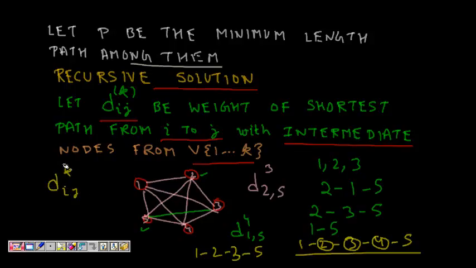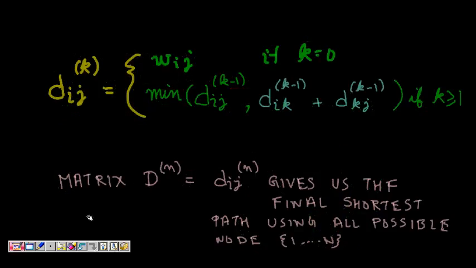Okay. So now we will try to formulate the dynamic programming equation. So now Dijk will be equal to Wij if K is equal to 0.